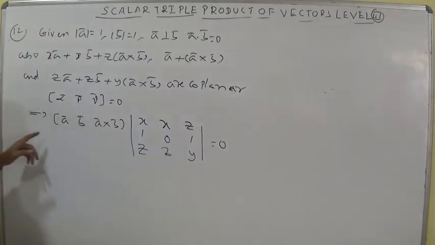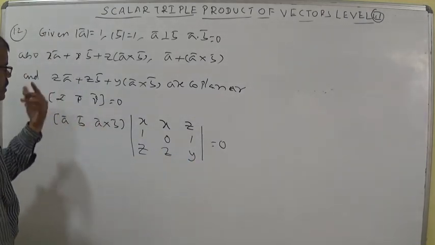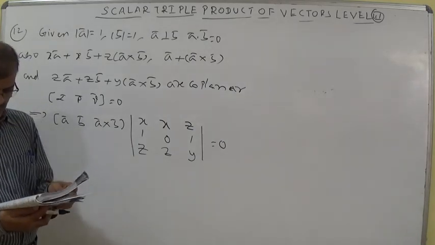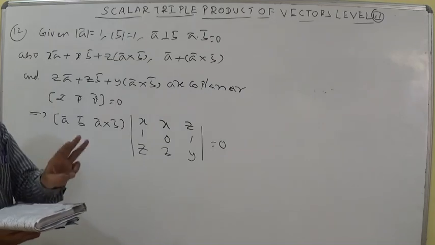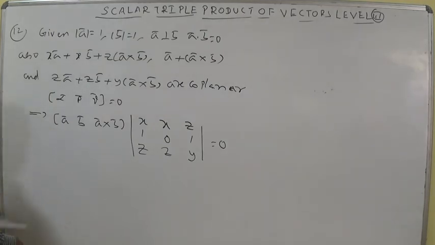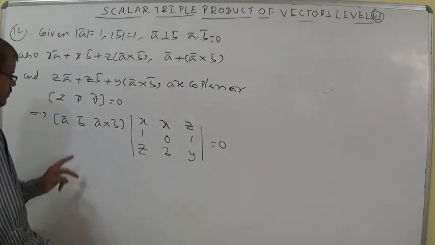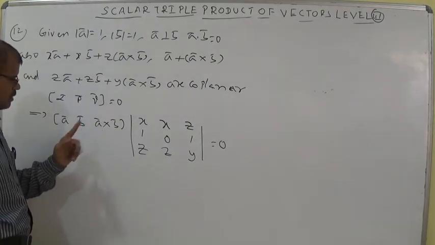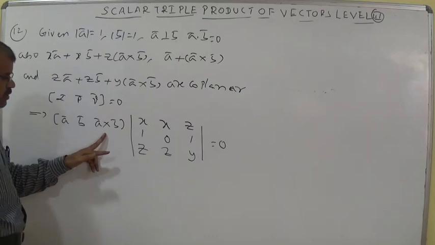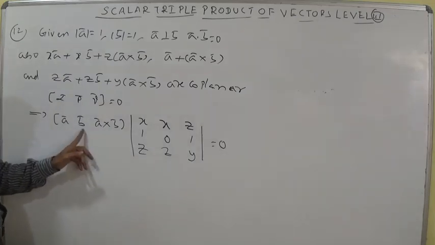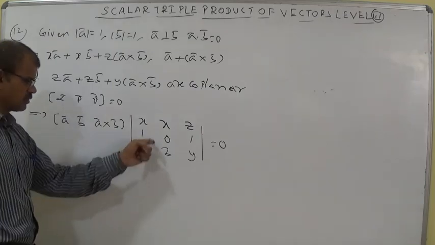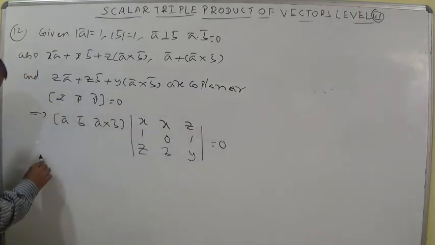Here the condition: A and B are two mutually perpendicular unit vectors. A cross B is a vector perpendicular to both A and B, so box ABC we can take as 1. So no problem, leave it. You should calculate about this one only.